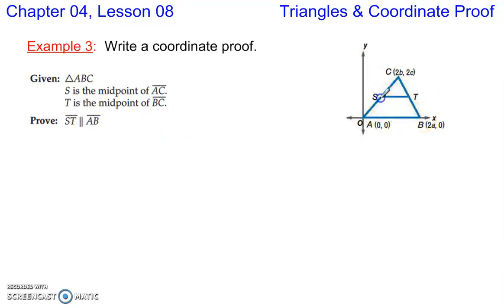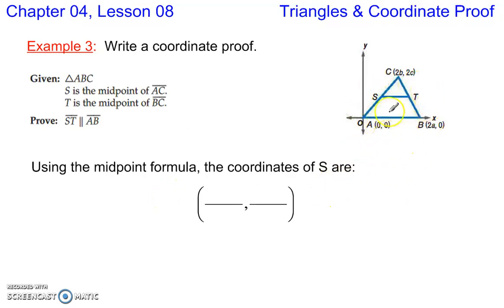We want to prove that ST is parallel to AB. So, let's look at the coordinates of S, and we can find those using the midpoint formula between these 2 points. Midpoint formula: I'm going to take 2b and add that to 0 right here, and then divide by 2.